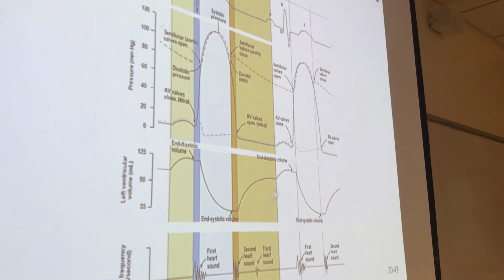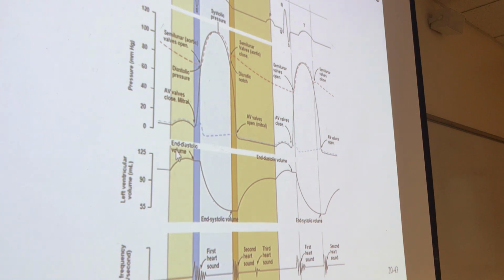Then what happens now is we're going to start contracting the heart, right? With this contraction, it starts with the P wave. So we hit the P wave, the SA node fires, which causes the P wave. Halfway through the P wave, we're going to look at the very start right here, what happens?